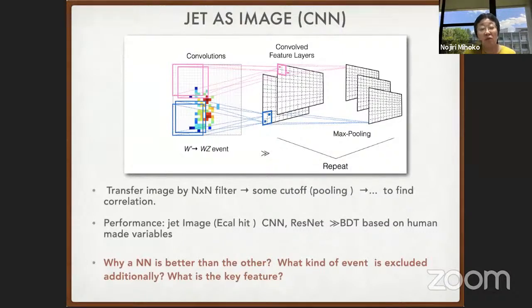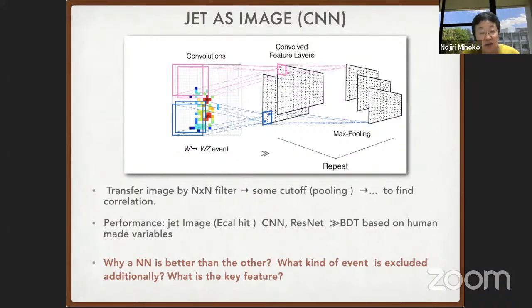Now, this is one of the machine learning architectures called CNN. When you have an image, you have some filter going through the jet image, and then you have some cutoff called pooling. By having multiple layers of this system, you find the correlation between the activities.